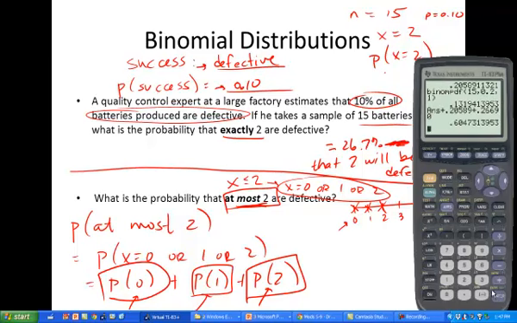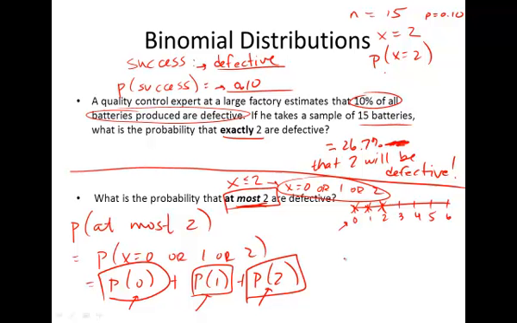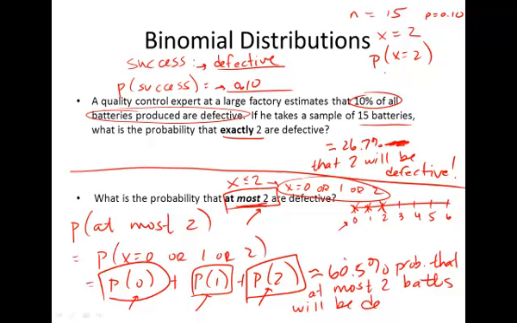So if I add those together, that's the probability, 60.5%, that at most 2 of those batteries will be defective. Probability that at most 2 batteries will be defective. Okay?